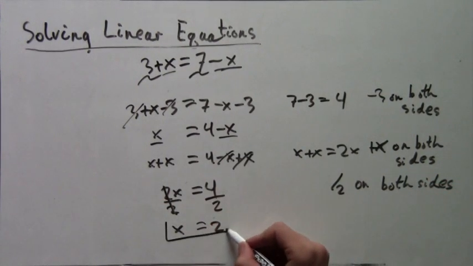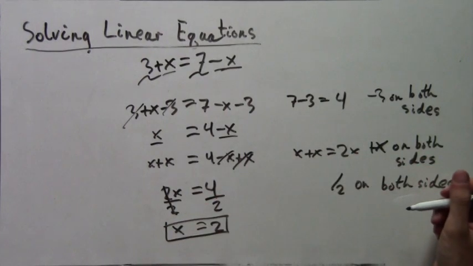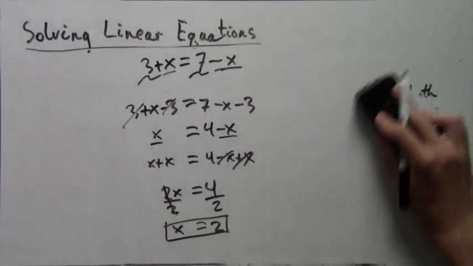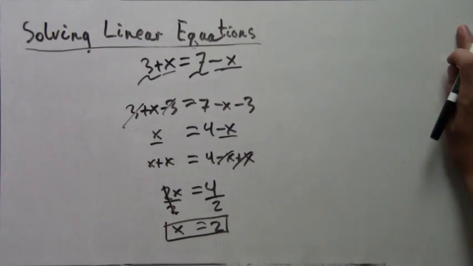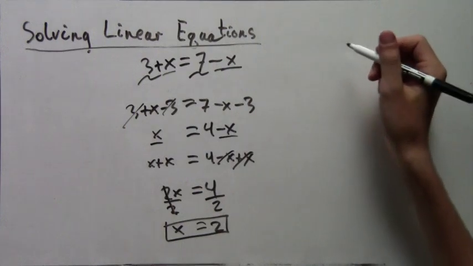And we can check this answer as before just by plugging it in. So let's try that. So we started with 3 plus x equals 7 minus x.